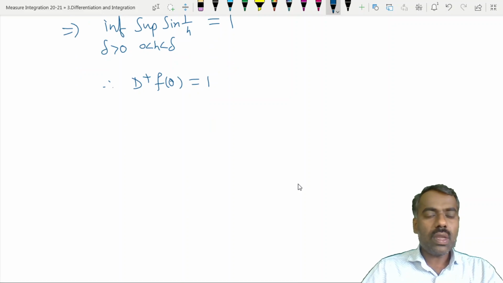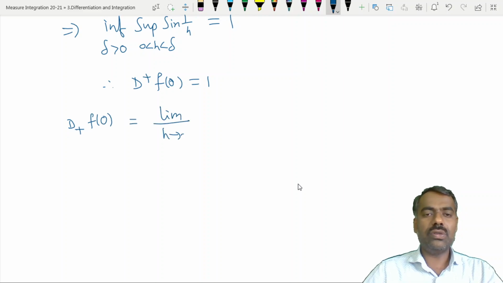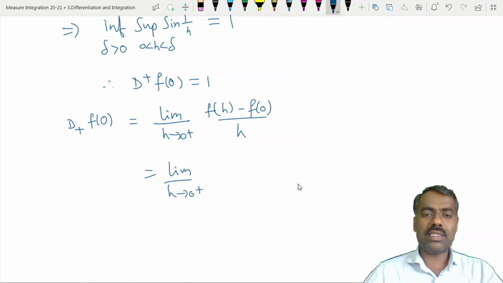Similarly, what is the lower right derivative? The lower right derivative of f at 0 is nothing but the lower limit of h tending to 0 plus of f of 0 plus h, so f of h minus f of 0, upon h, but this is the same as the lower limit of h tending to 0 plus of sine 1 by h, right?